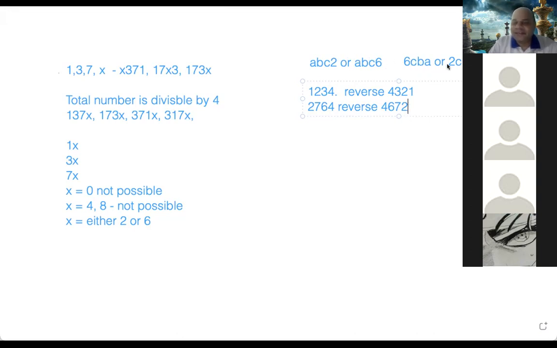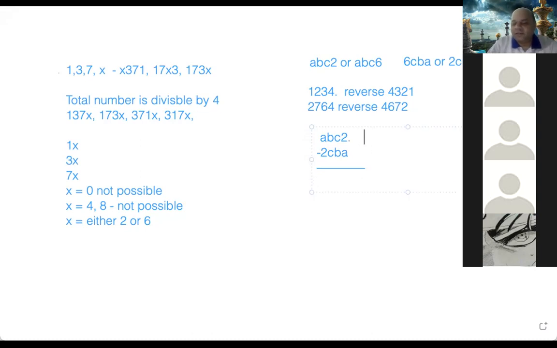And if you reverse that number and subtract it from it, whichever is the larger, you don't know which one. Now ABC2 minus 2CBA, this can be one possibility, okay? And this is the difference they have given as a solution.